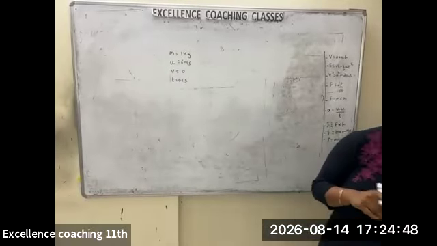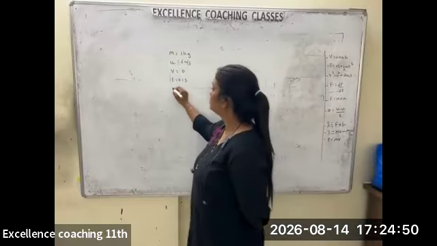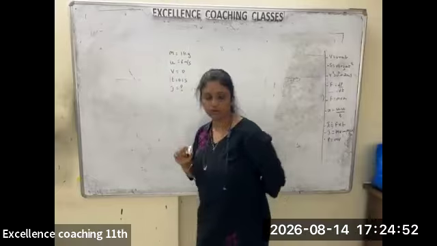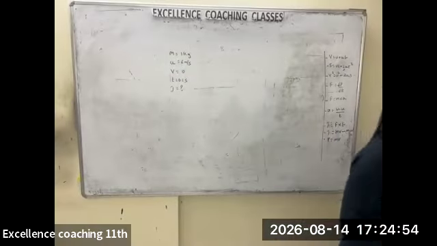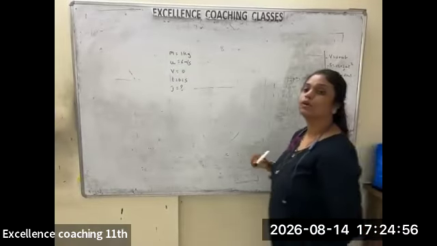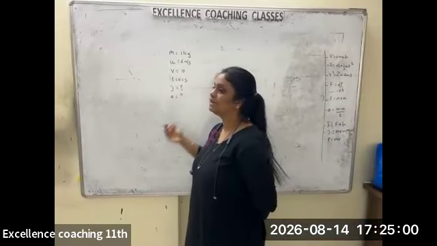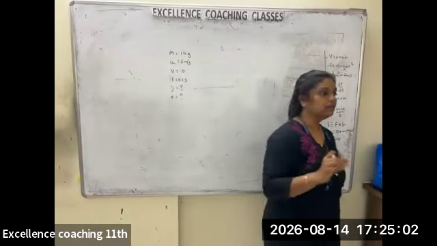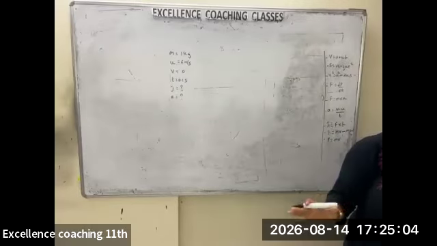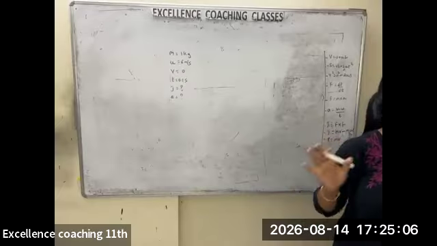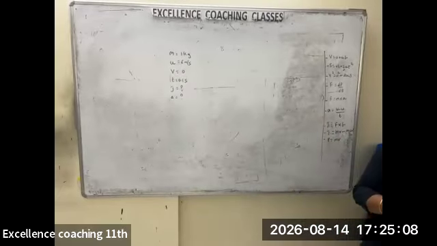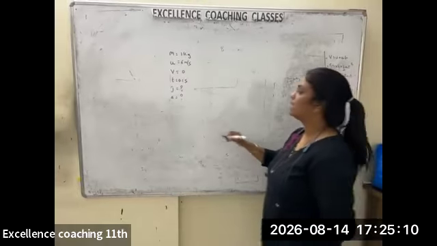You have to find the impulse of the force, J. Then the retardation of the hammer. So what is retardation? Acceleration, only with a negative sign. Retardation is not a different formula. It is the same formula by which you find acceleration. Then the retarding force that stops the hammer.